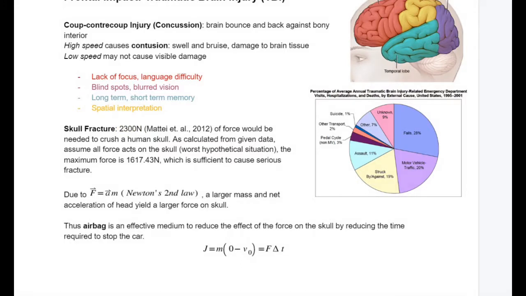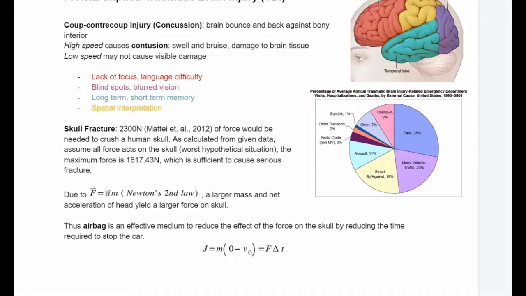Due to Newton's second law, the net external force equals the acceleration times the mass of the object. Thus, a larger mass and net external force on the head can yield a larger force on the skull.